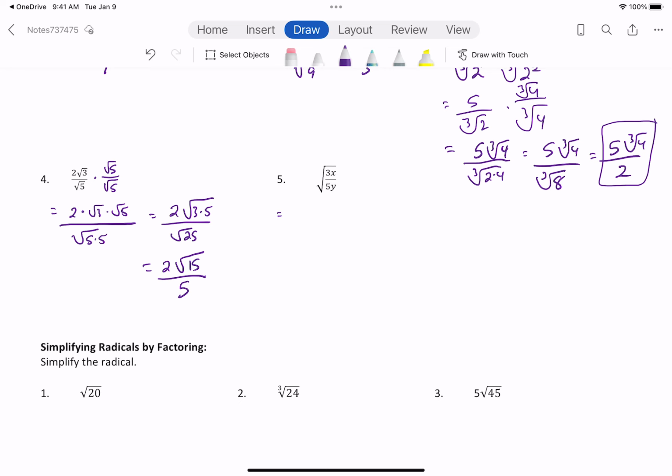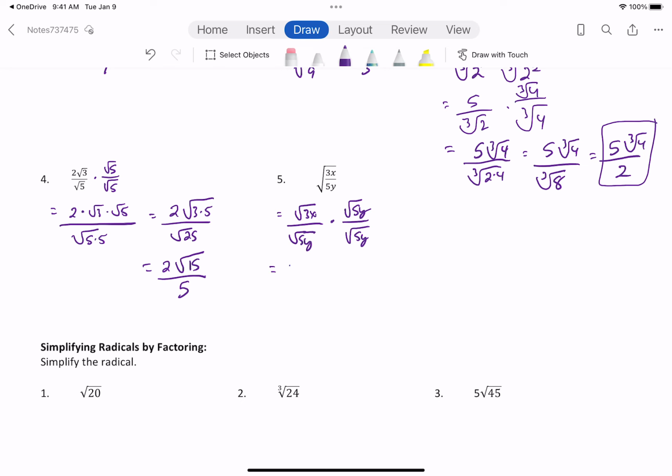For number 5, let's go ahead and do what we did with the division problems and split the problem. So now I have a radical in the denominator. It is a square root, so that means we basically just need 1 copy of what's in the bottom.